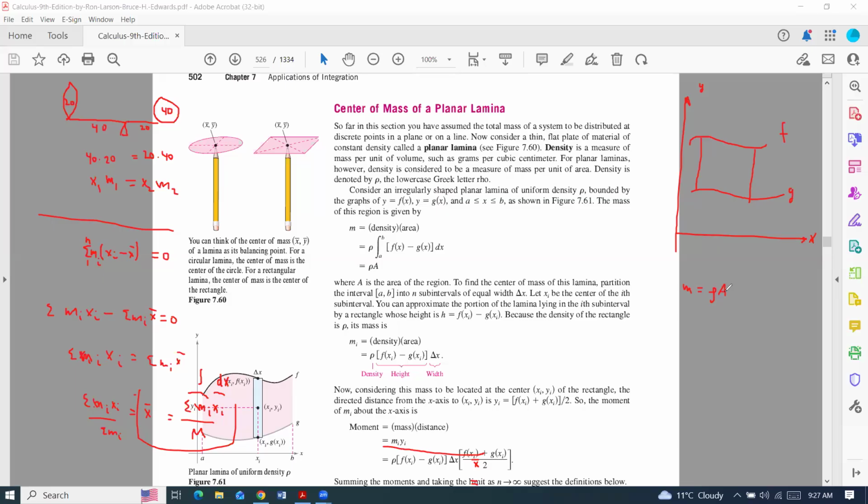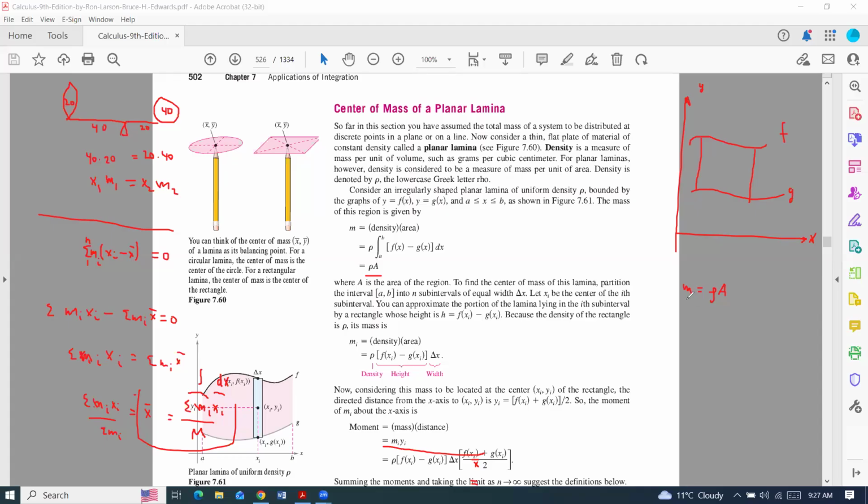So the thickness will be, say, 1 for convenience. So they put not volume, but they put area. So they treat the thickness as not variable. But later they can extend it one more step, but that'd be double integration. So that'd be too much already. So that's what you're probably going to see in Calculus 3 if the instructor is into physics. But I don't think we'll see it here.